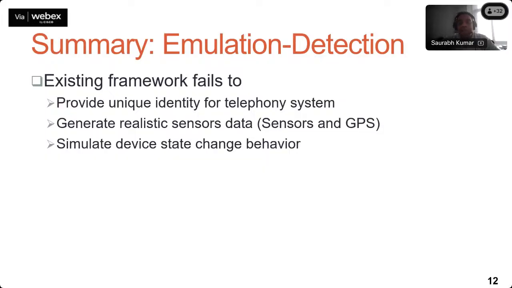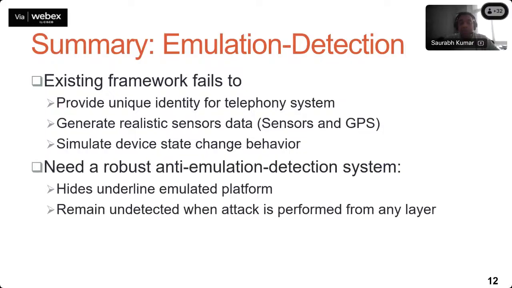Second, they are not able to generate realistic sensor data readings for the sensors as well as the GPS, and they are not able to simulate device state change behavior. Because of that, we need a robust anti-emulation detection system that can hide the underlying emulated platform and remain undetected when we perform these attacks across layers, from any layer of the standard operating system.